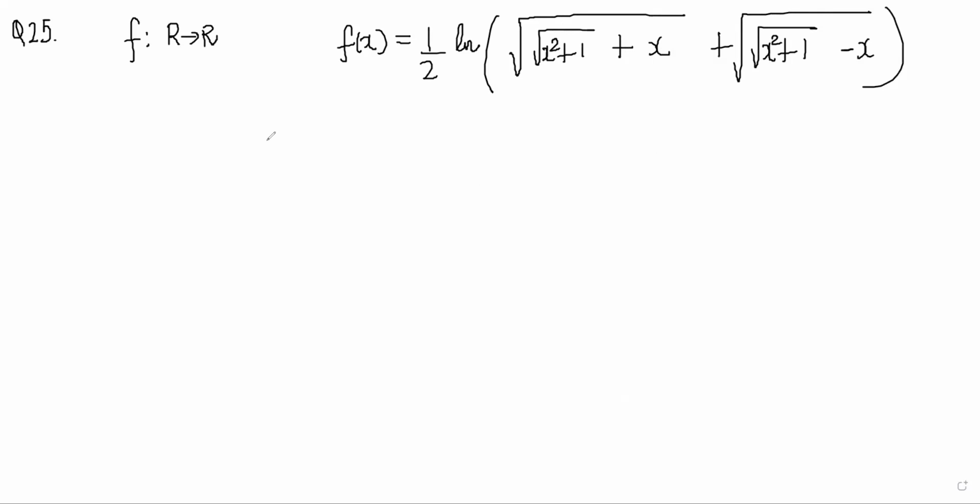You have to decide 1-1 and onto for this, and in question 26 you have to find the range. So try 25 and 26 both yourself. Okay, we'll discuss it. I'll be back in 5 minutes. Try 25 and 26.